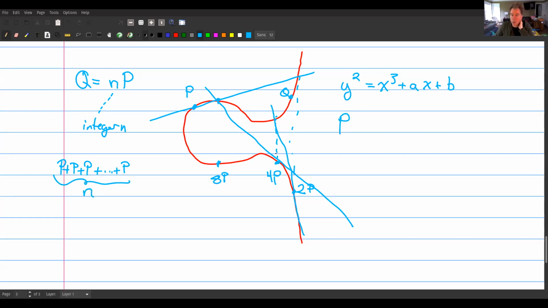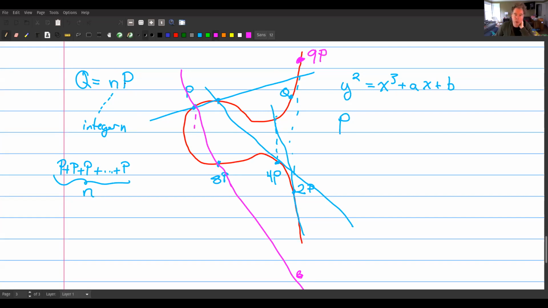This is not exactly the same as repeated doubling, because once you get to 8P, maybe you just want to add P instead of doubling, but you can do that. You get to 8P, then you can make this line, and then, oh, sorry, it has to go all the way down here and touch the curve there, and then reflect up. And then you have 8P plus P becomes 9P.